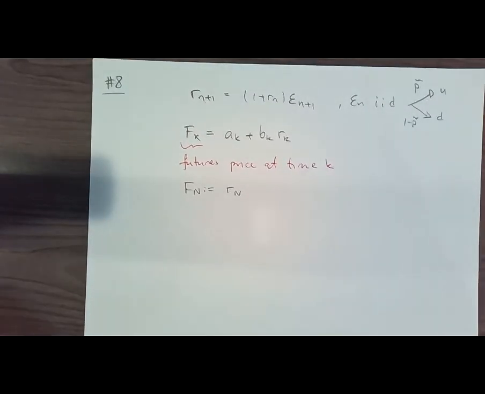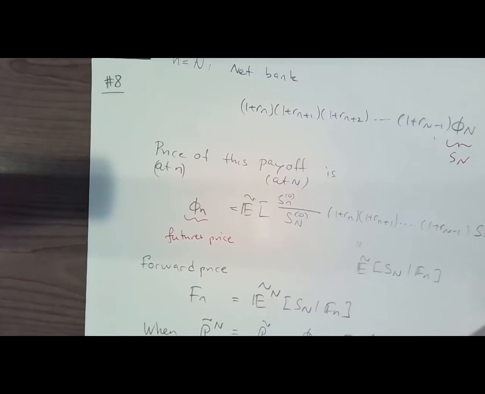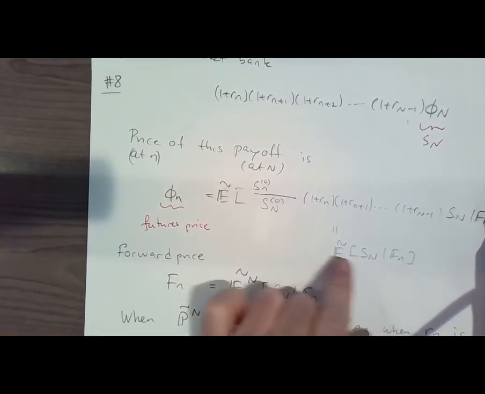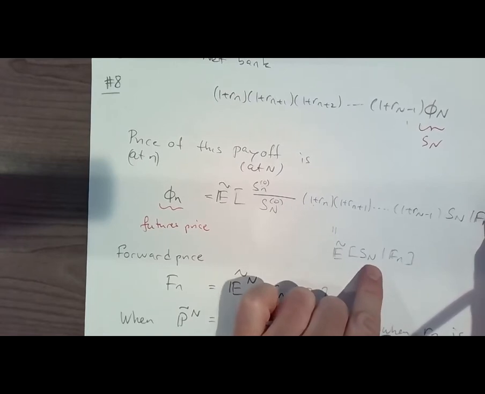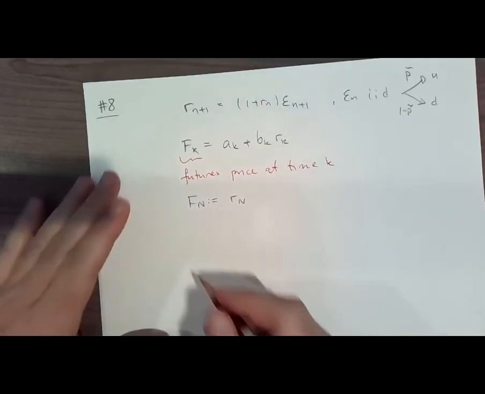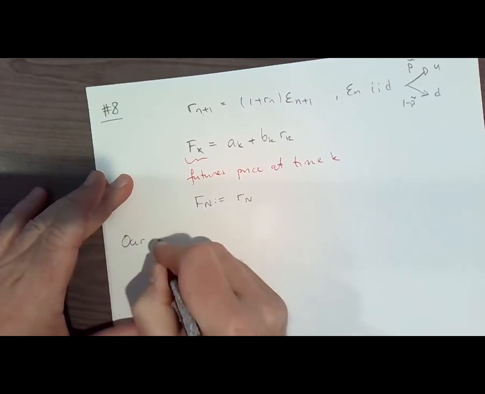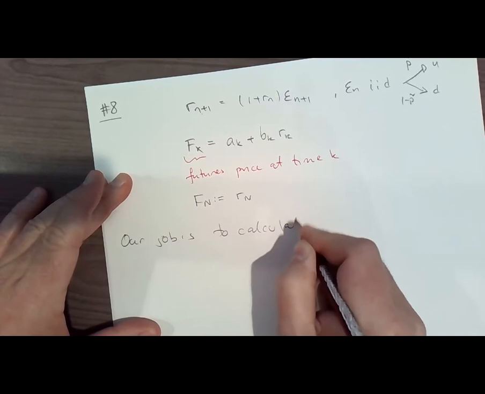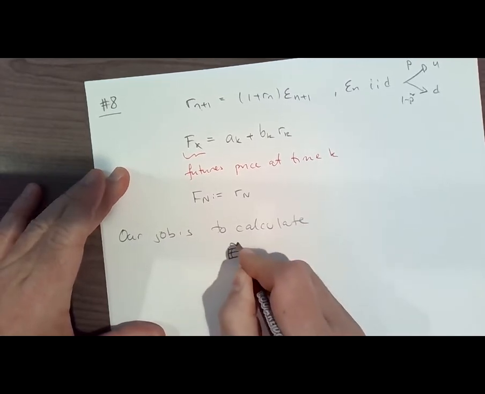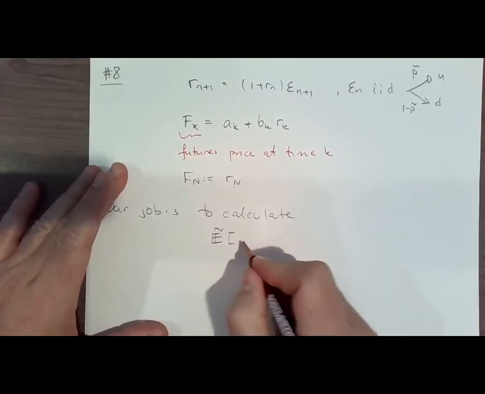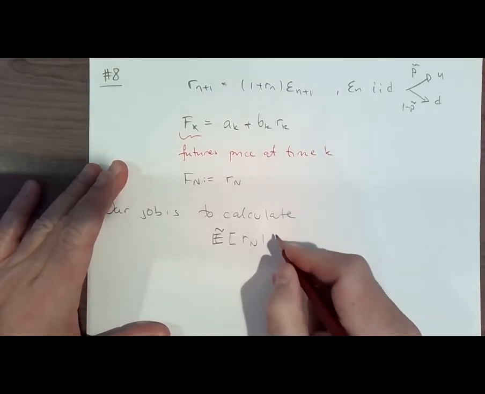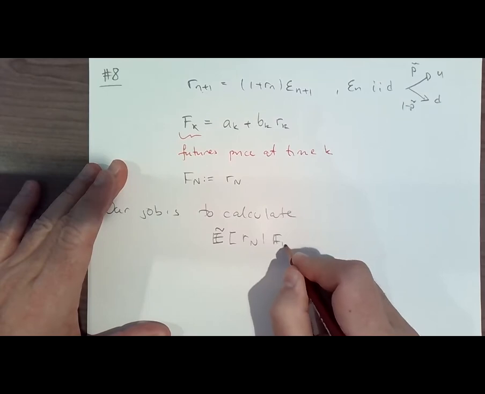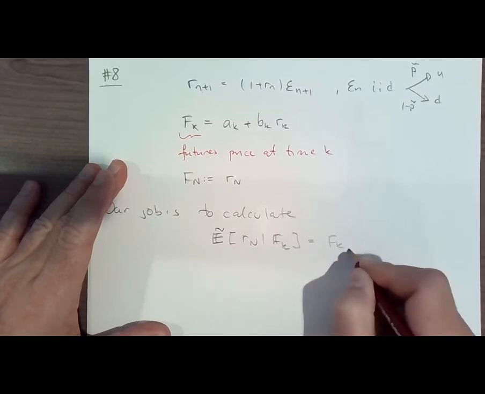And so what we do is use that formula we just derived. Our job is going to be to calculate the conditional expectation under the risk neutral measure of Rn given Fk, if you want to get Fk.